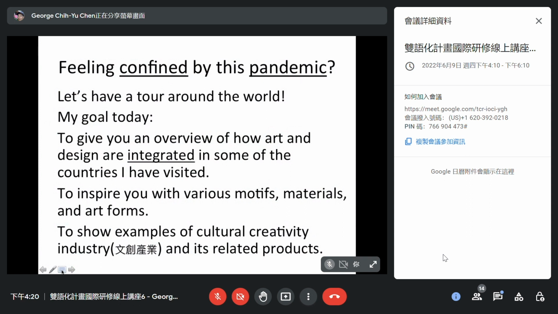And lastly, to show you examples of cultural creativity industry and its related products. I give you the Chinese definition of cultural creativity industry, 文创产业, which is quite hot in Taiwan, and we see a lot of products from this industry.